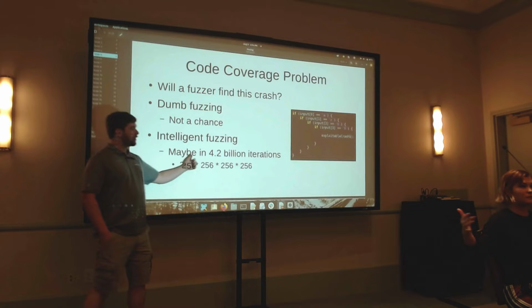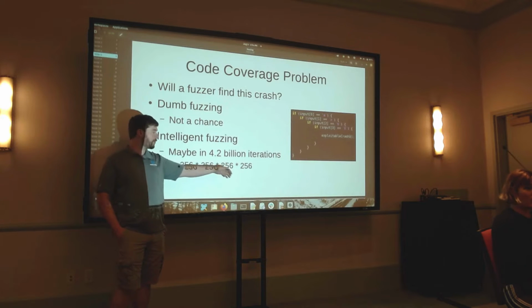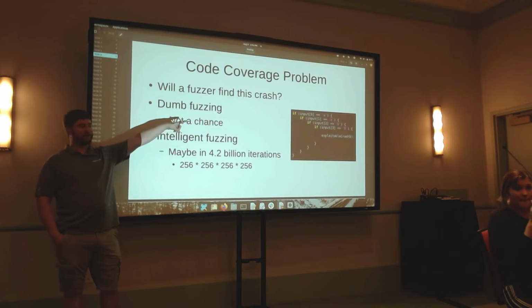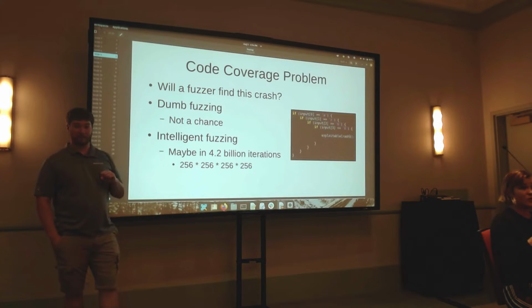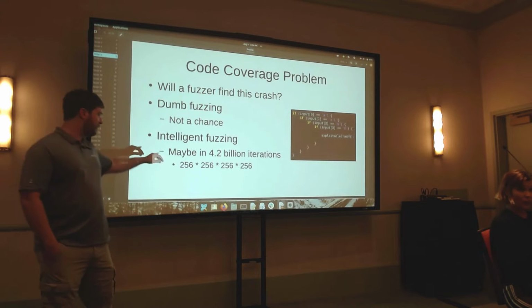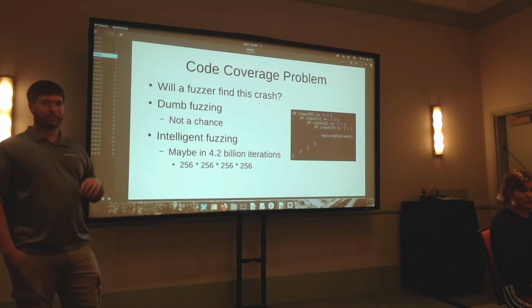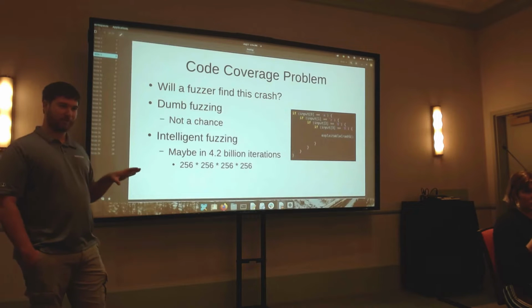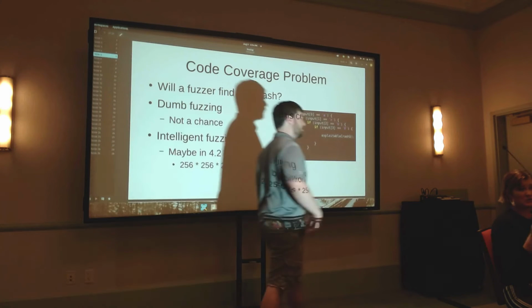Like the more conditions that have to be met to get there, the harder it's going to be to find. Each of those characters has 256 possibilities for a single byte, 256 to the 4th power, 4.2 billion iterations before you would find this crash. See what I mean there? So this is still a problem, code coverage.